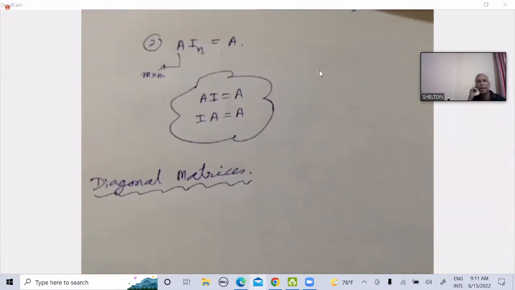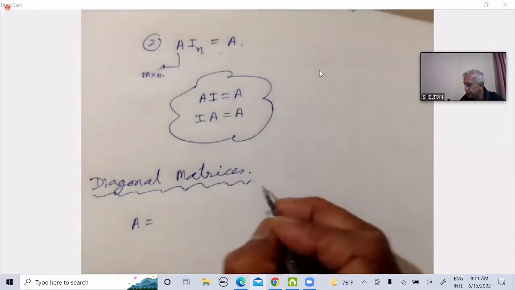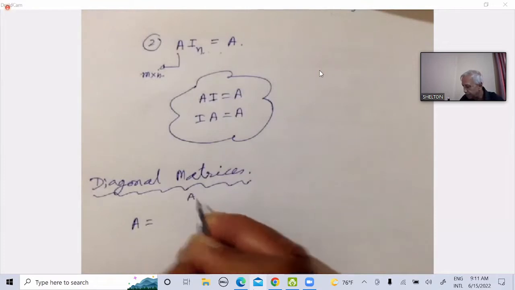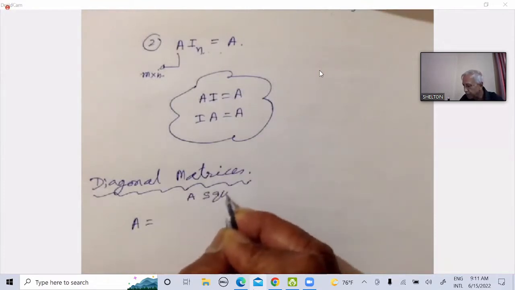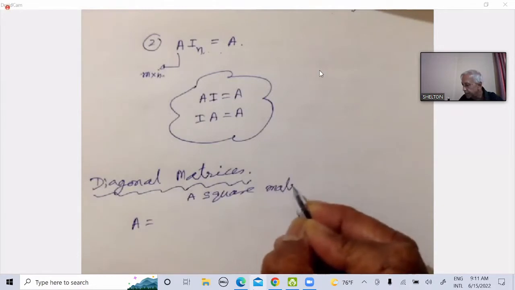Entries on the main diagonal may be non-zero. All the other entries are 0. A diagonal matrix is also a square matrix. It must be a square matrix.